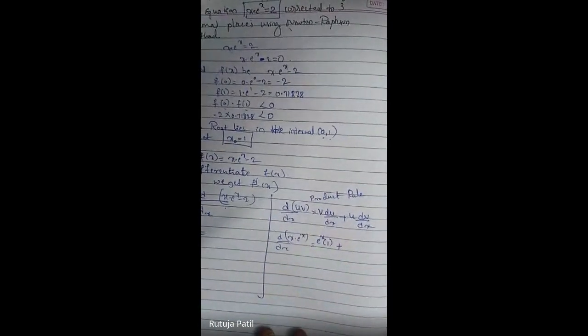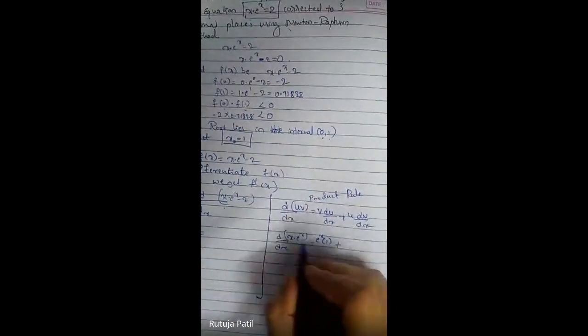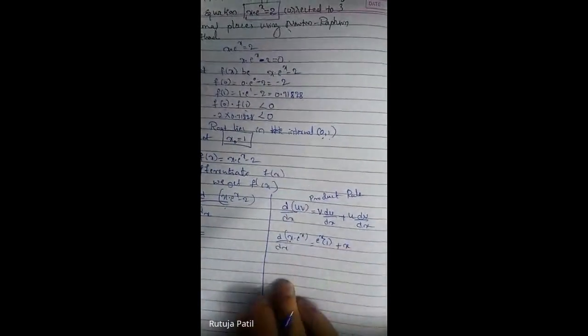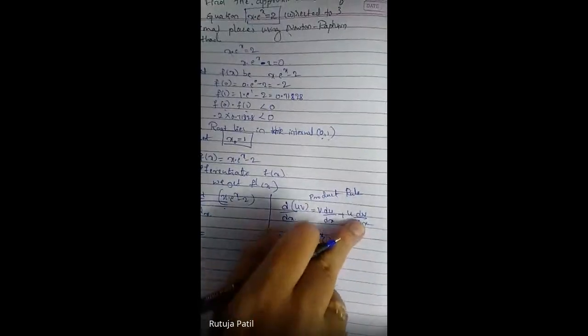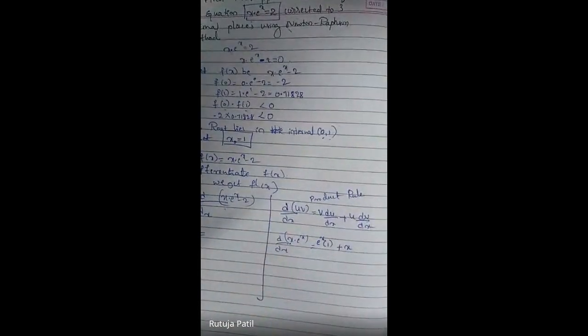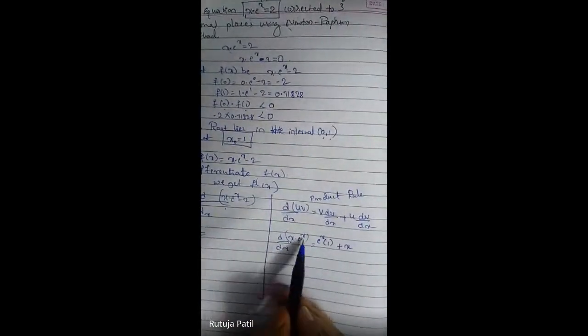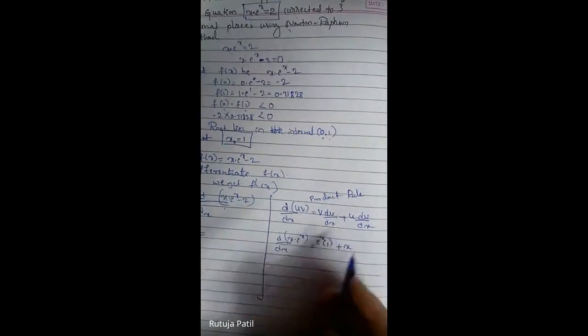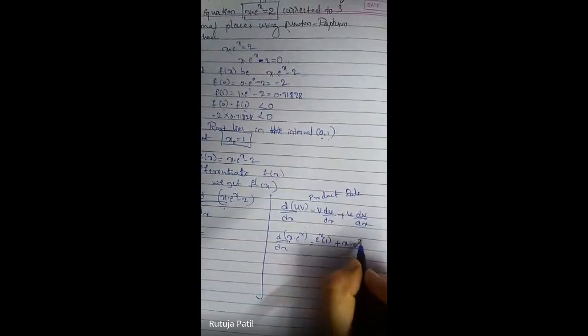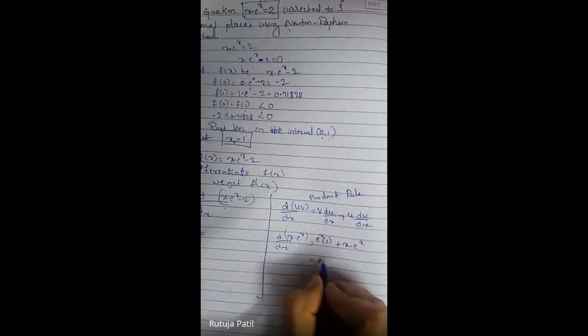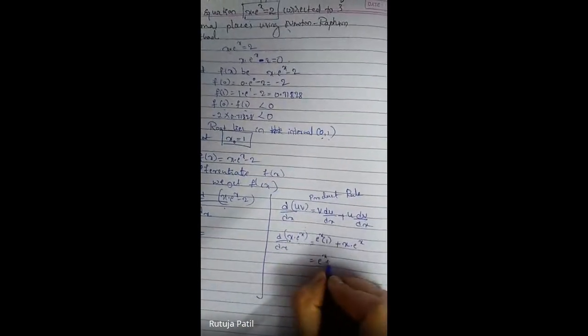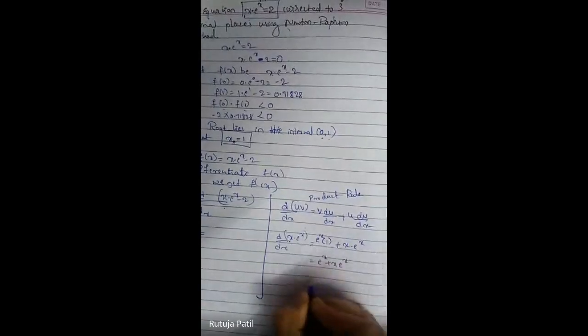Then plus, keep the u as it is, u is here x. Then differentiate this v with respect to x. What is the differentiation of v? V is here e to the power x, so the differentiation of e to the power x is e to the power x only. So what we have here is e to the power x plus x e to the power x.